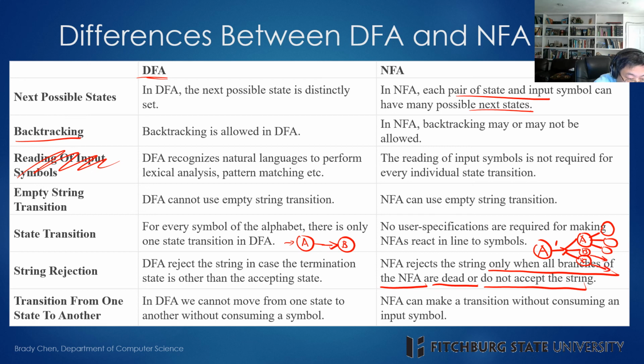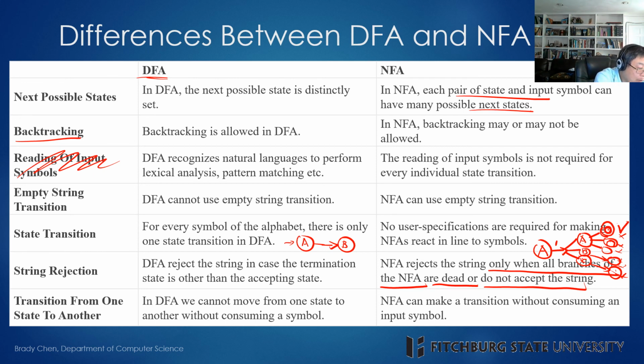So you may have multiple destinations. As long as one of the final states is an accepting state, the NFA is going to accept the string. So for example, if you have multiple destinations, and one of them is an accepting state, then we accept the string. If none of the final states are accepting states, then we reject the string.